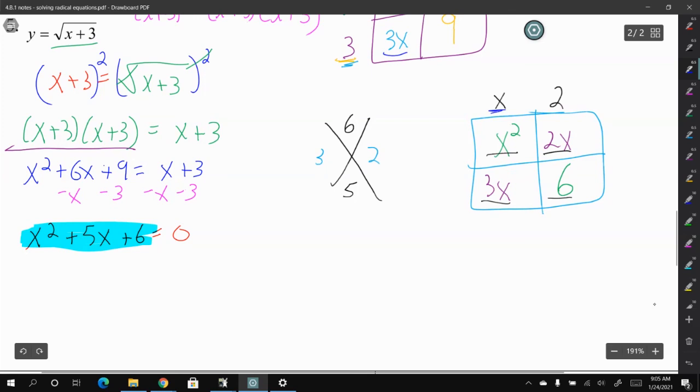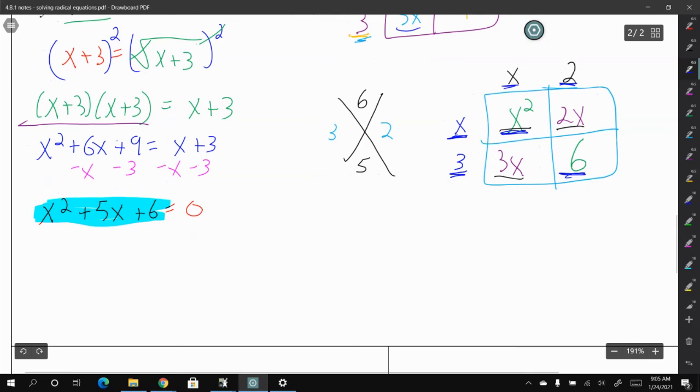And then x times x equals x squared. 2 times 3 is 6. So my factors are x plus 3 times x plus 2. So now my solutions are going to be x equals -3 and x equals -2.